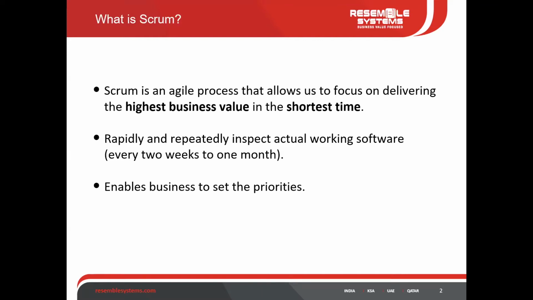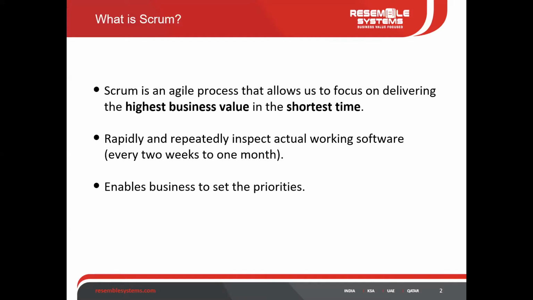I divide it into various parts and deliver it in a very short span of time. It's also a rapid and repeatedly evolving solution. It mainly takes 1 week to 1 month to come up with some functional module or functional application. I'll give you more details on upcoming slides about how this is achieved.